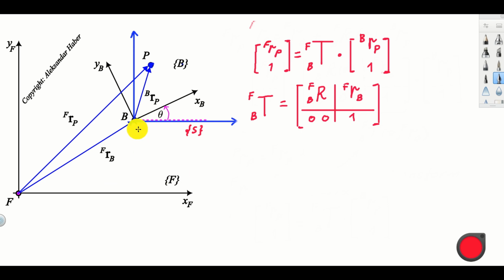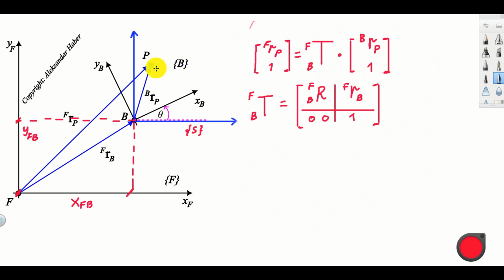And for that purpose, we need to introduce the projections of our vector RBF in F. This projection, that is the distance from here to here, is denoted like this. It is XFB. Then this projection over here, that is the vertical projection, that is the distance from here to here, and this is the projection of RBF onto the YF axis, is denoted as YFB.